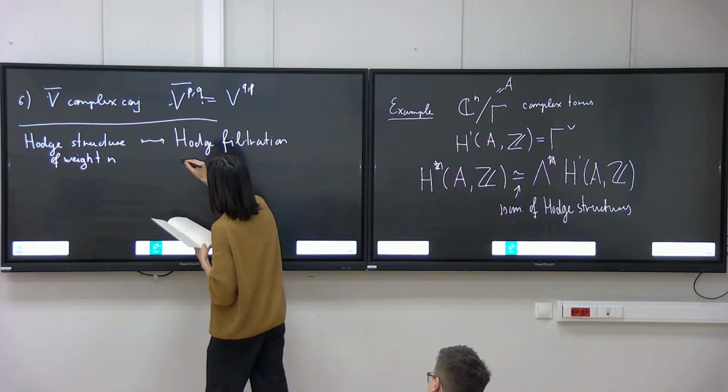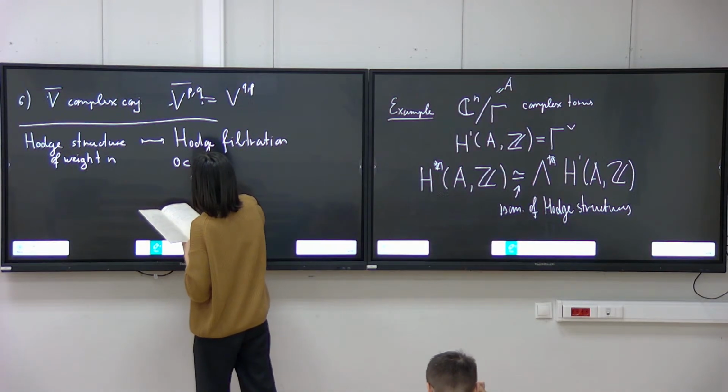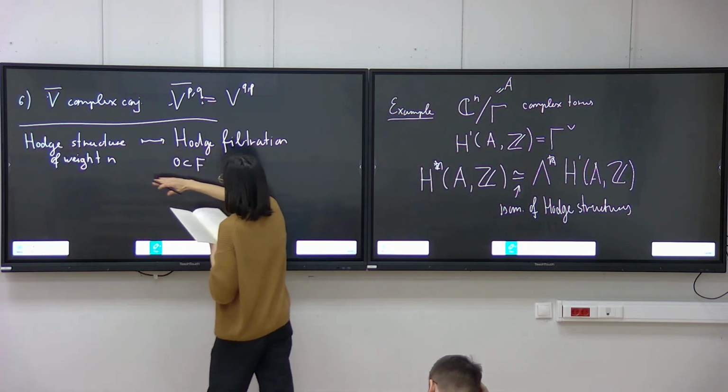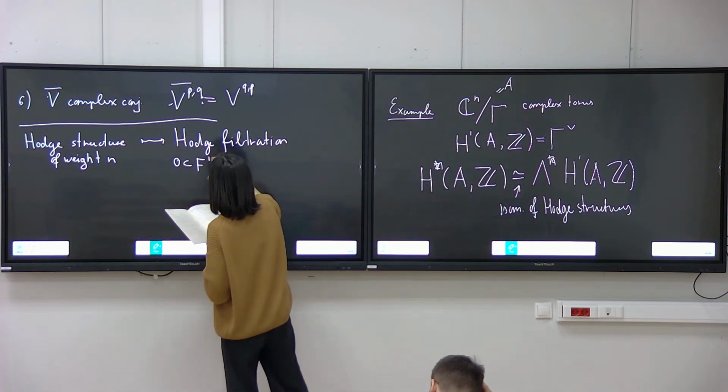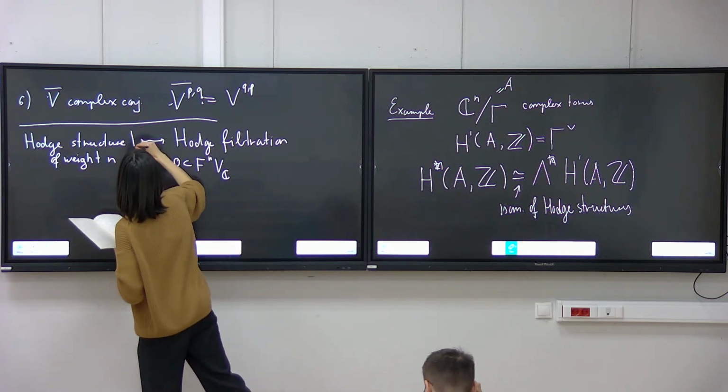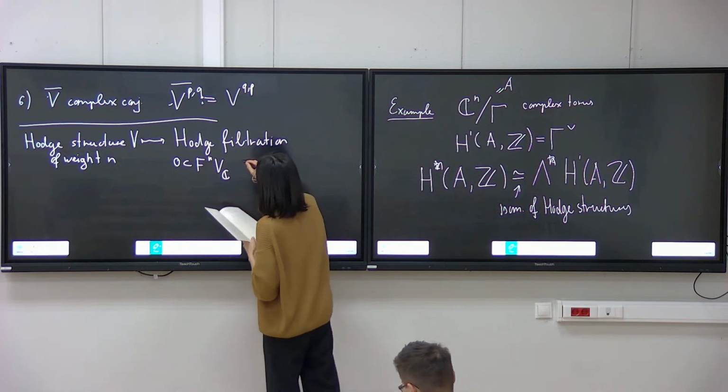That is the following thing. So suppose we have a Hodge structure of weight n, then we can consider the following filtration on the Hodge structure V on its complexification.